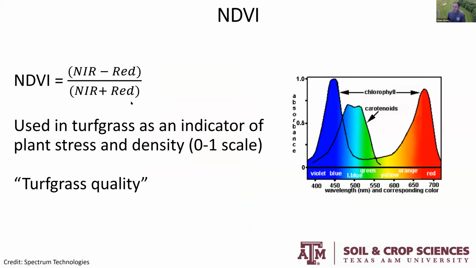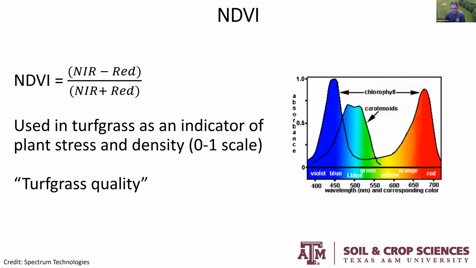And then the second variable that I'm going to focus on in this presentation is NDVI. NDVI is Normalized Difference Vegetation Index. It's a spectral reflectance measurement of the turf. It measures the reflectance of typically wavelengths in the near infrared and red spectrum.